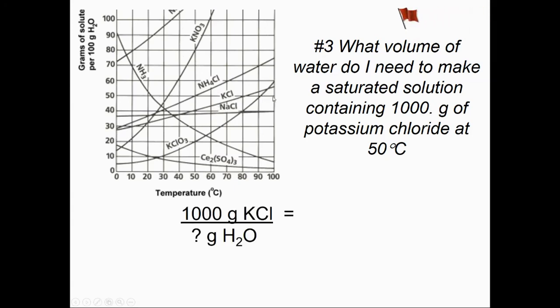We want to know how much water we need to make a saturated solution at 50 degrees. So let's look at 50 degrees. We go up to the potassium chloride line and hit this point right here. That's 40 grams of potassium chloride in 100 grams of water.